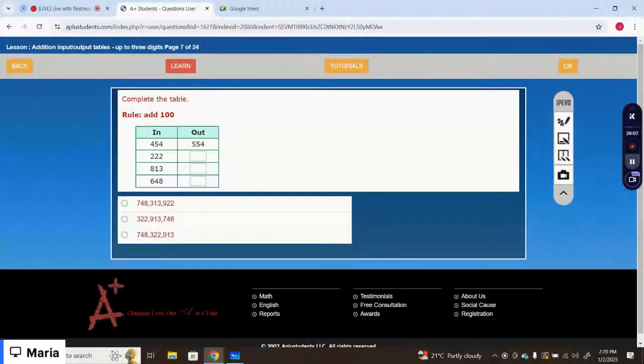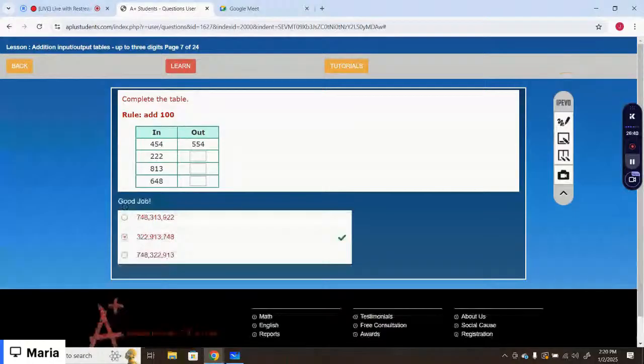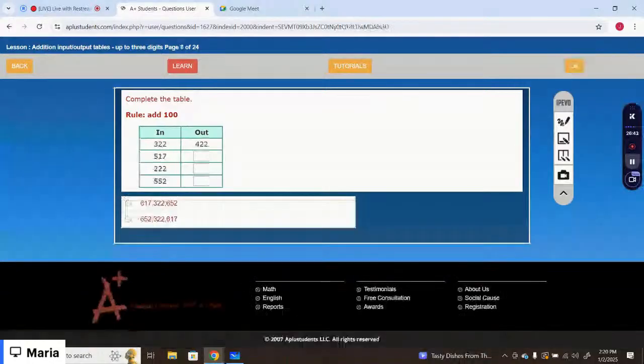Complete the table. Add 100. Very good. That is option number two. 322, 913, and 748. Option number two is the correct option.